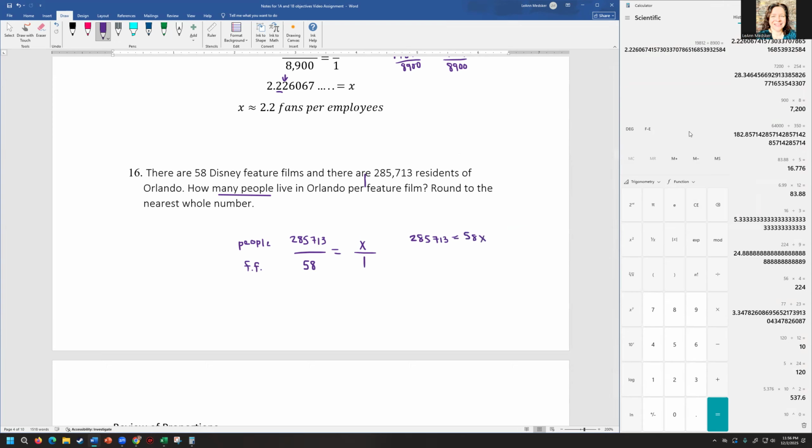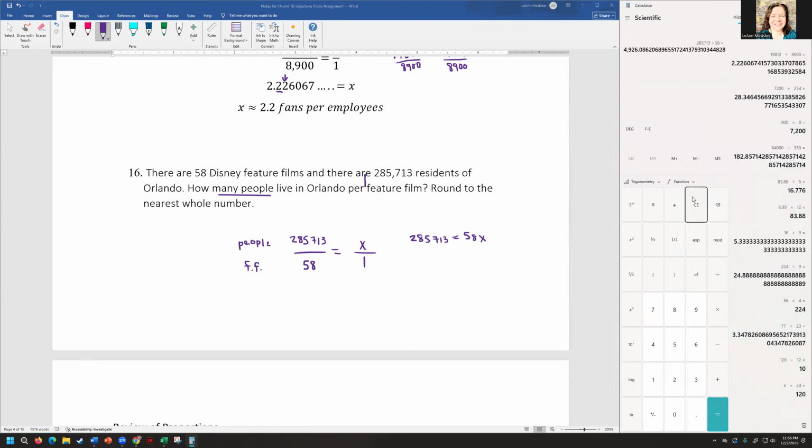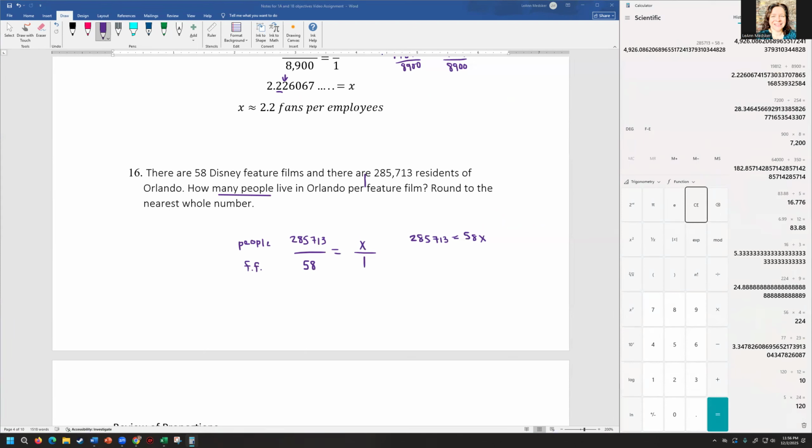And we're going to round to a whole number this time. So 285,713 divided by 58. I'm going to write this out to quite a few decimal places, even though I'm going to round to a whole number, just so we can key in on the rounding. So 4926.0862... I know that that goes on forever, but I needed to at least have a few place values beyond where I'm rounding.